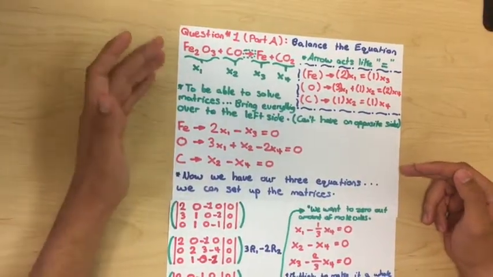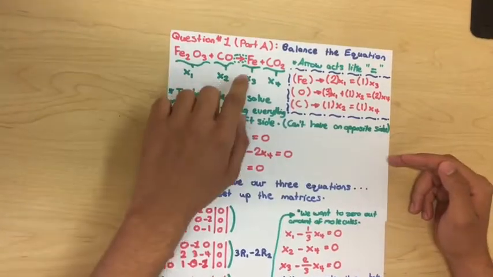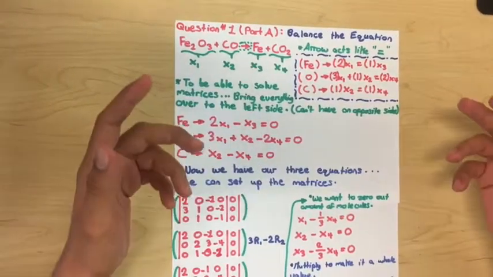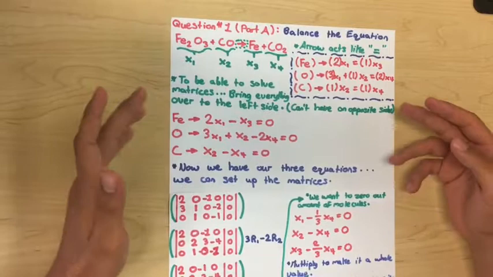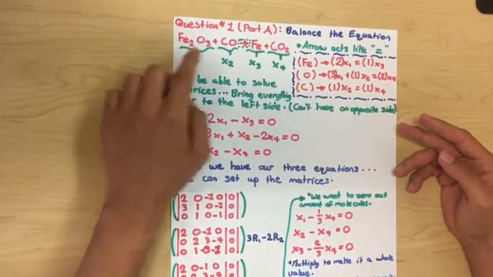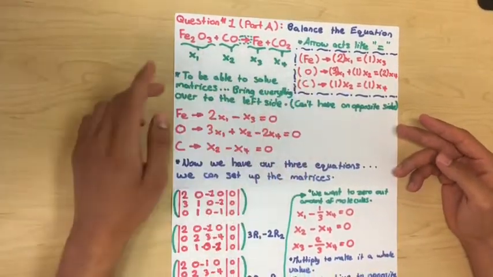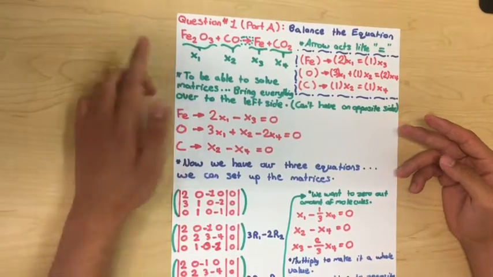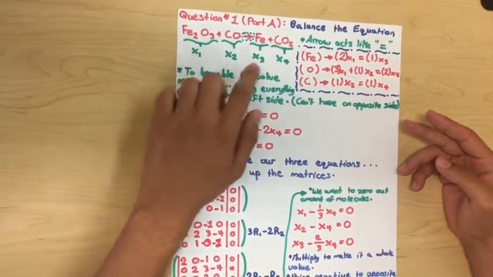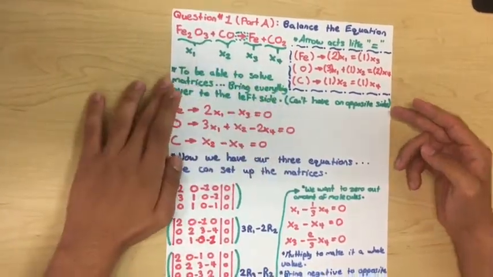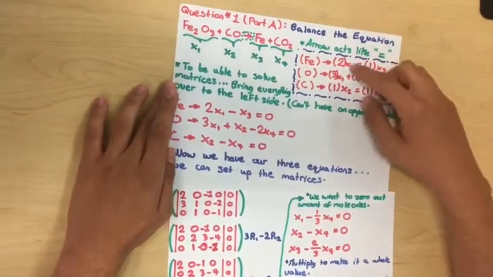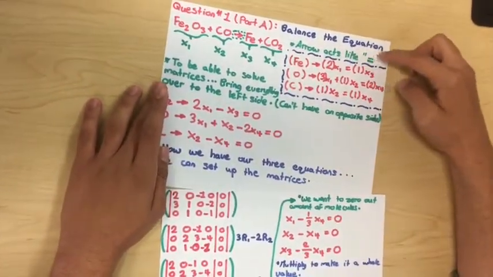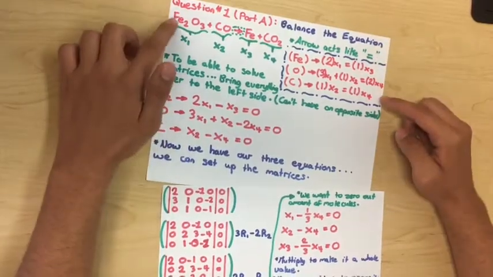So pretty much the way I started this is I looked at this arrow as an equal sign, and I gave each atom or molecule a variable of x1, x2, x3, x4, and then I proceeded to act like it's an equal sign and looked at each molecule.